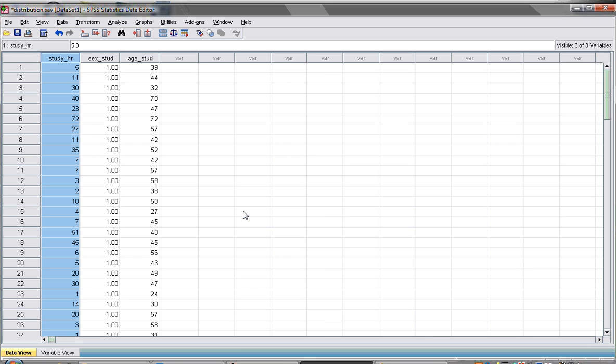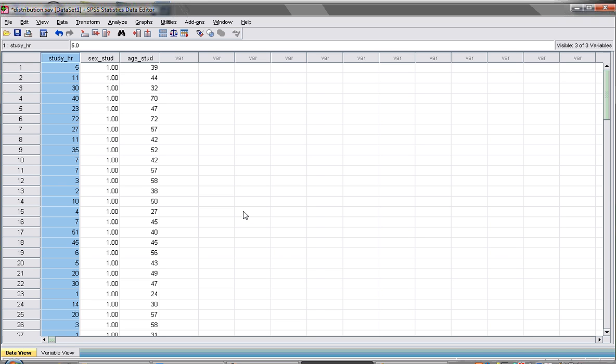We have stopped last time in exploration of the data, and we ended up with a very important point of that exploration, which is testing the normality of your data. There are two terms that we have to understand very well: the normality of the distribution and the homogeneity of the variance.